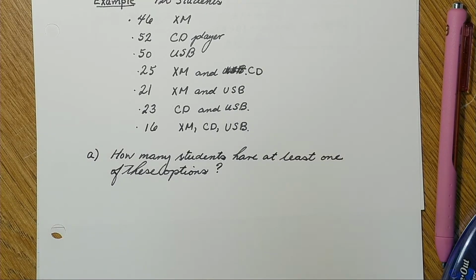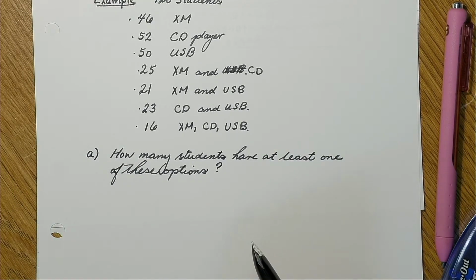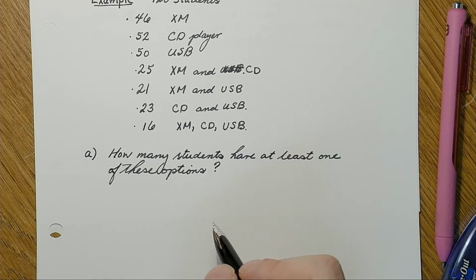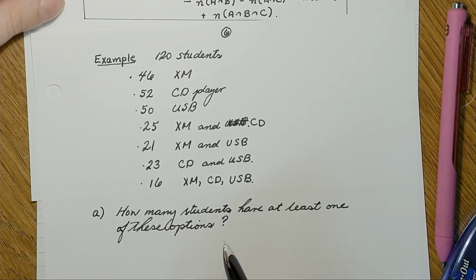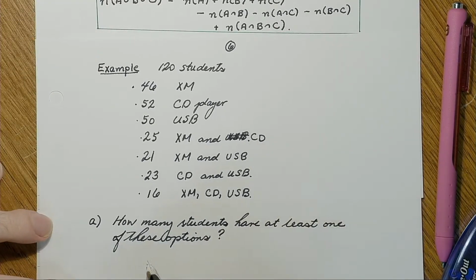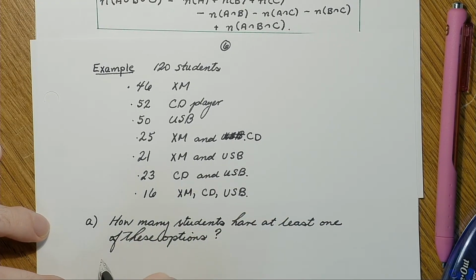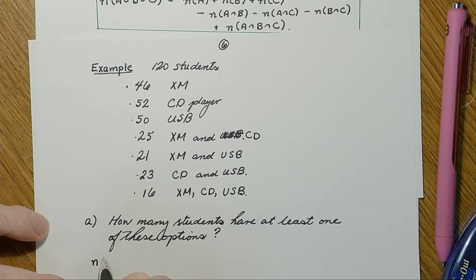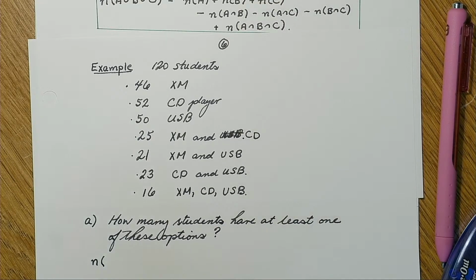So what we can do is it's basically asking us what is the number of the union of all these? So they're kind of asking, what's XM union CD union USB?